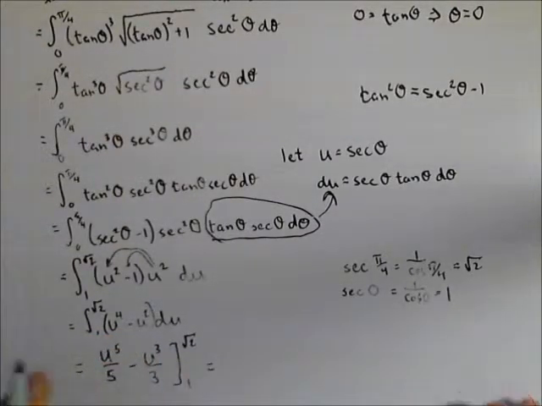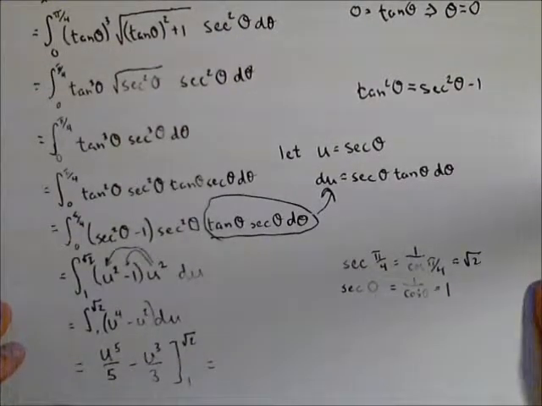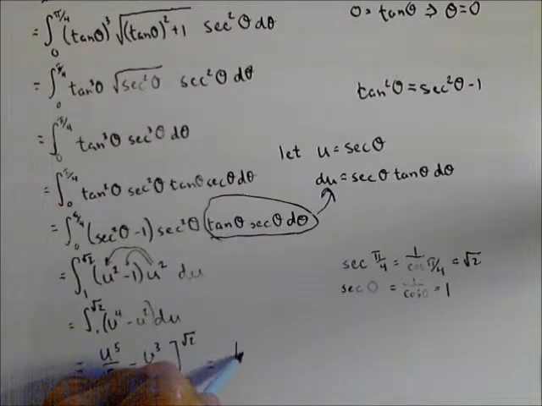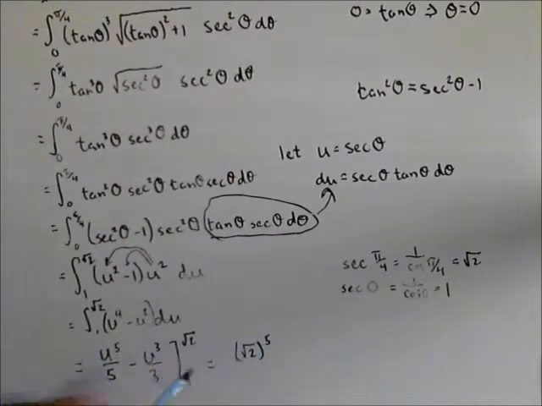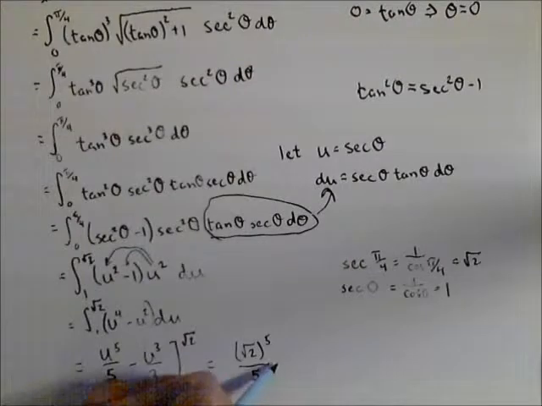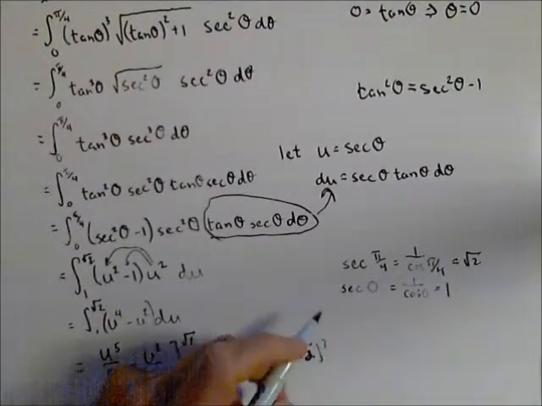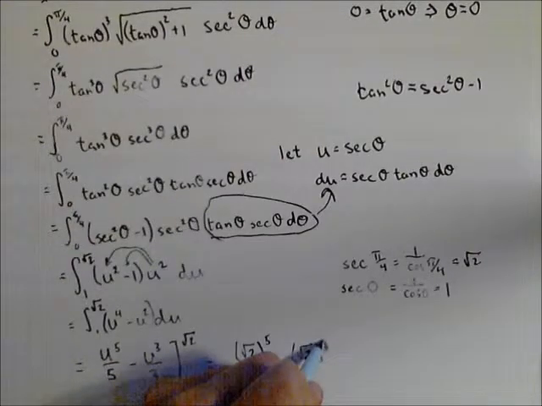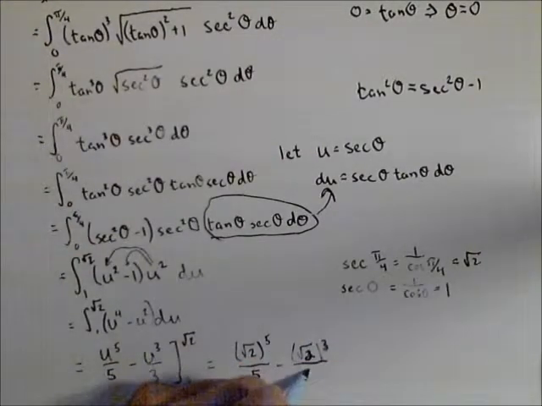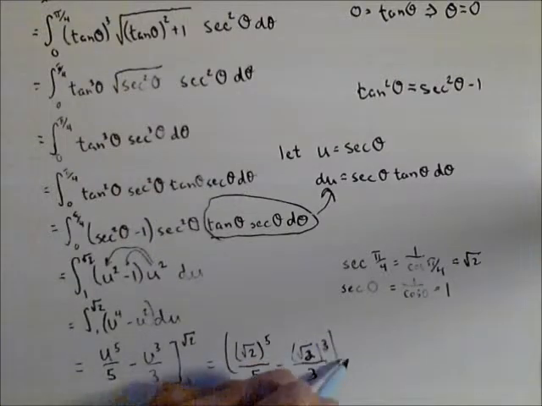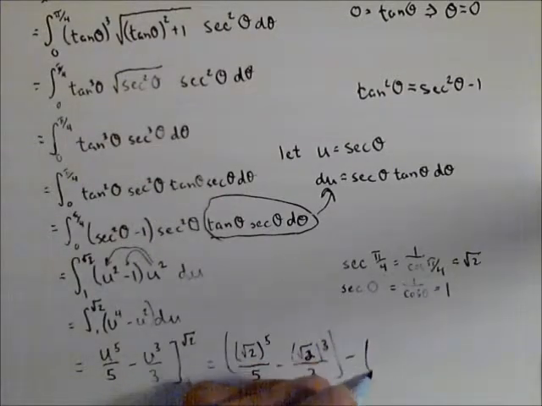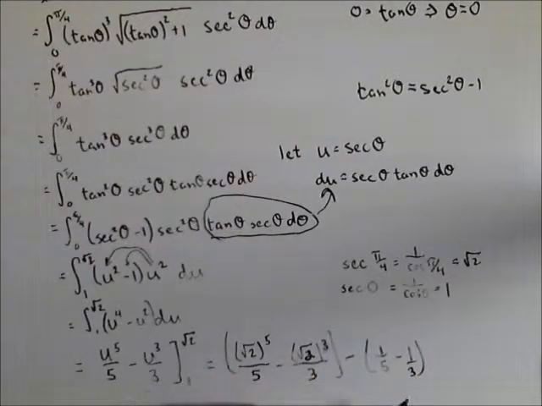I'm going to go across here and plug in my values. So, I've got rad 2 to the 5th over 5 minus rad 2 to the 3rd over 3, minus 1/5 minus 1/3. There's not a ton of simplifying we can do in here.